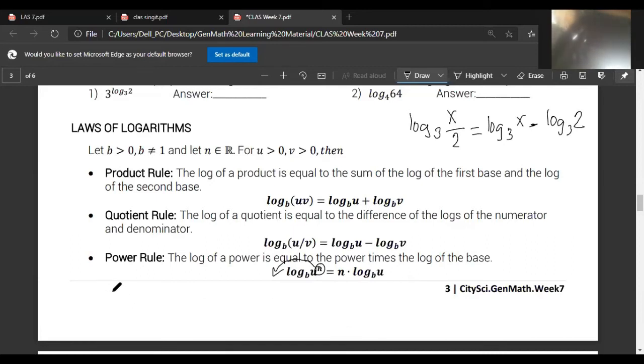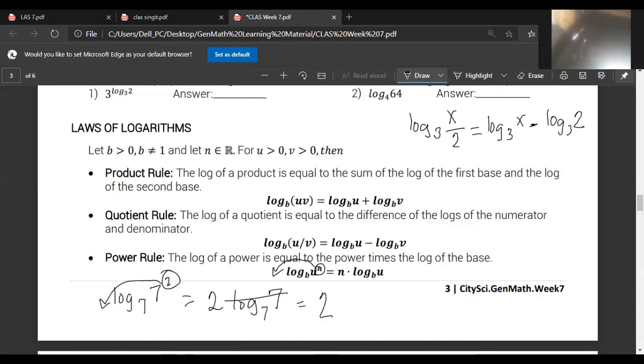So, example, kunwari kanina, logarithm of 7 squared with the base 7. Ano magiging itsura niya? Magiging 2 times logarithm of 7 with the base 7, kasi yung 2 mapupunta sa unahan. Tapos, kanina, cancel ito kasi pareho yung base at yung nilologarithm.